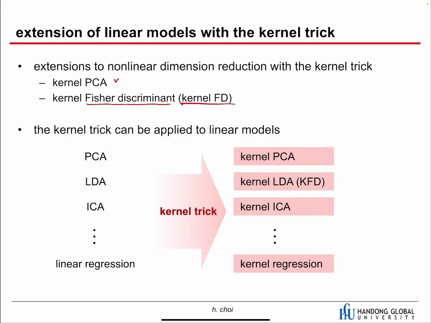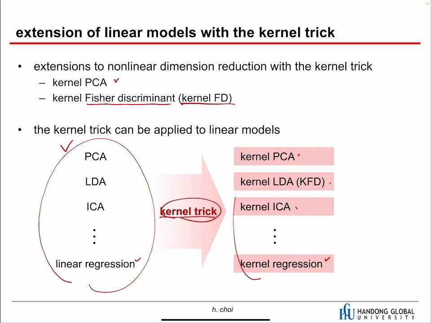Likewise, we can extend all these linear methods with the kernel trick: kernel PCA, kernel LDA, and kernel ICA. We didn't talk about linear regression, which will be covered in the next chapter, and this can be extended to kernel regression too. So basically, we have a linear method and the kernel trick, and we can think of kernel somethings.